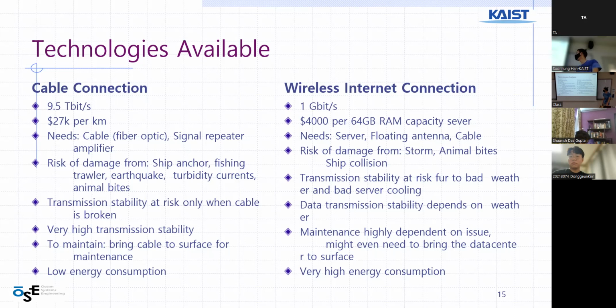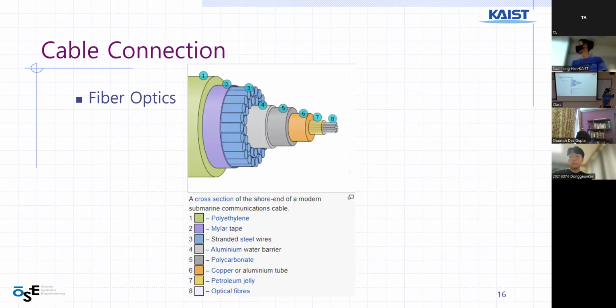But for the wireless internet connection, it depends on the issue of the problem, and they might even need to take the data center up to the surface. For energy consumption, the cable connection has a lower energy consumption, whereas the wireless internet has a very high energy consumption. So this is one picture of the fiber optics that is used.